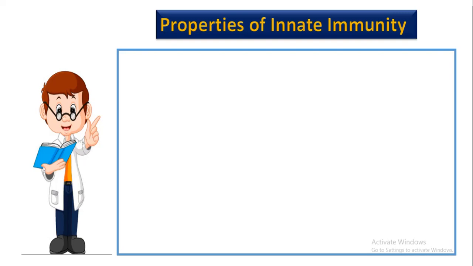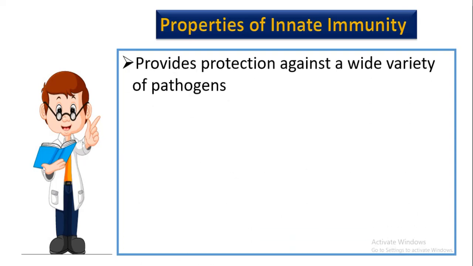So let's quickly continue with the properties of the innate system. The other property is that it provides protection against a wide range of pathogens. This is all talking about it being non-specific.